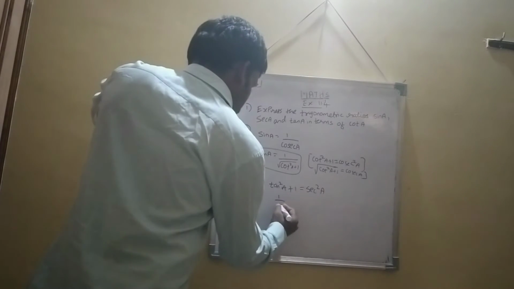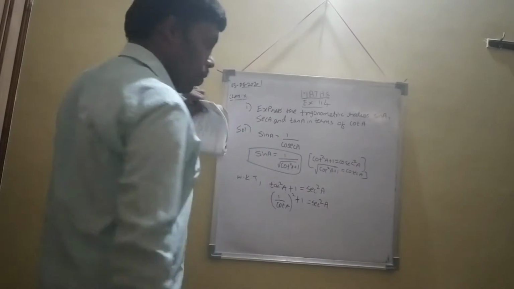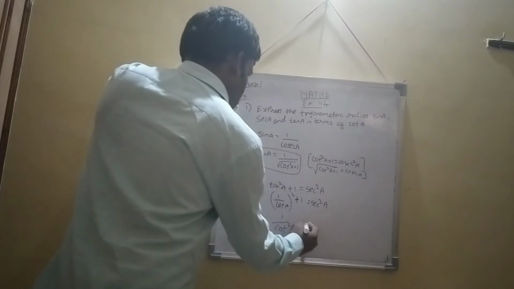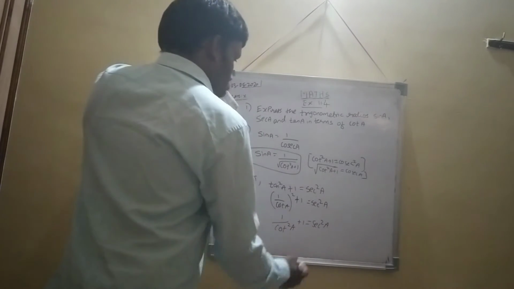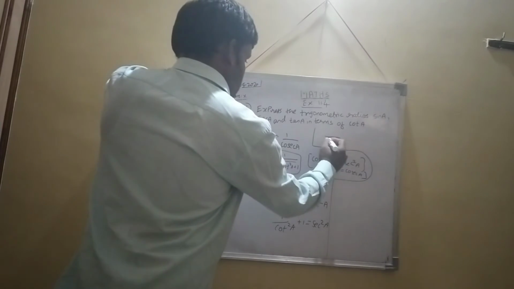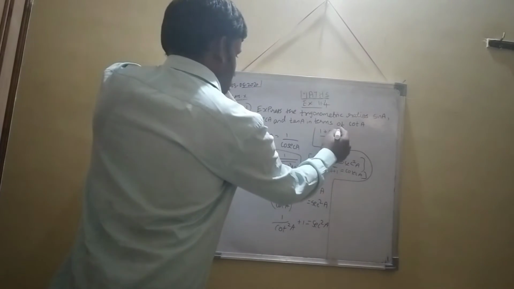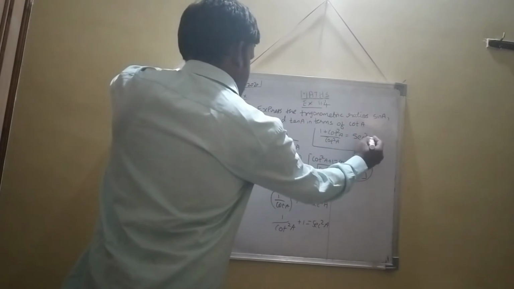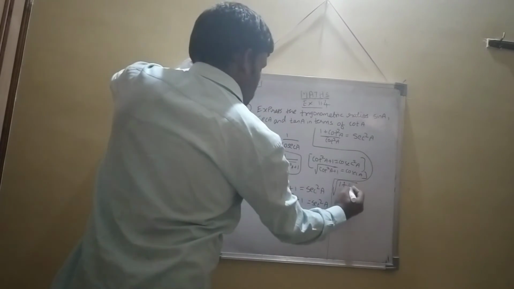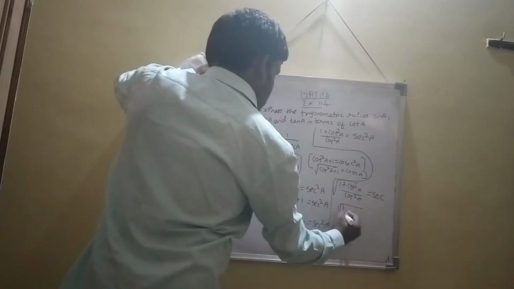So I can write this as (1 divided by cot A) whole square plus 1 is equal to secant square A. So it will be 1 by cot square A plus 1 is equal to secant square A. We take the LCM, which is cot square A. Cross multiply, we get 1 plus cot square A divided by cot square A is equal to secant square A. We want the value of secant A, not secant square A, so take the square root on this side. We write the square root separately for numerator and denominator.